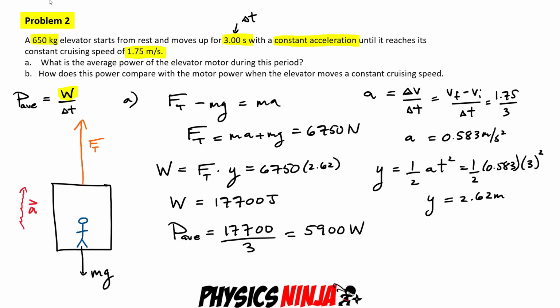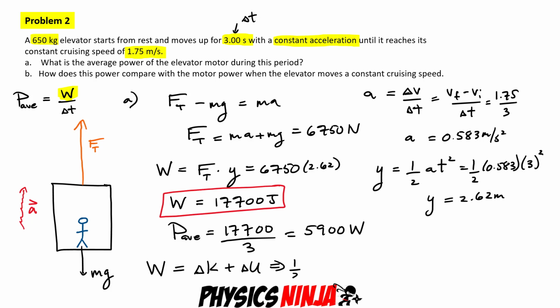Now I could have also calculated the work by noting what's changing here. I'm changing the kinetic energy, but I'm also changing the gravitational potential energy. If you do that, you're going to get the same value for the work that we calculated here, 17,700 joules. The approach is different.